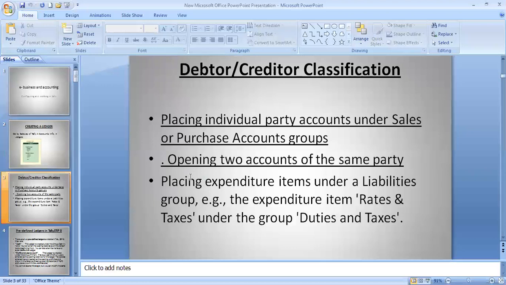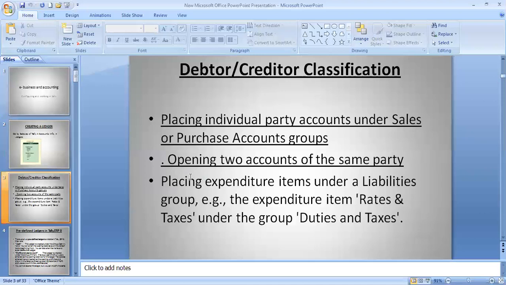Out of those groups, 15 are basically primary groups and 13 are subgroups. Out of the 15 primary groups, the main important groups, 9 groups are from the balance sheet, which is derived from the capital. Items which appear in the balance sheet will be grouped under the balance sheet items.